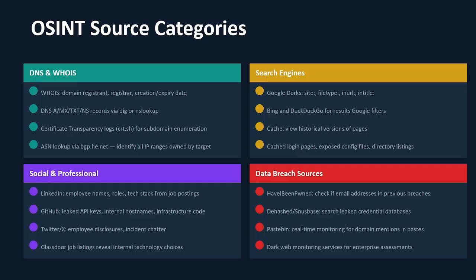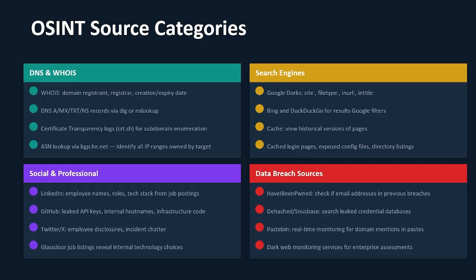GitHub may have leaked API keys or internal host names, configuration files. Twitter, I refuse to call it X, so Twitter may have other information there. Glassdoor is job listings for all sorts of different businesses, and will list a lot of things like salary ranges, and could even list more internal information depending upon what people post up there.